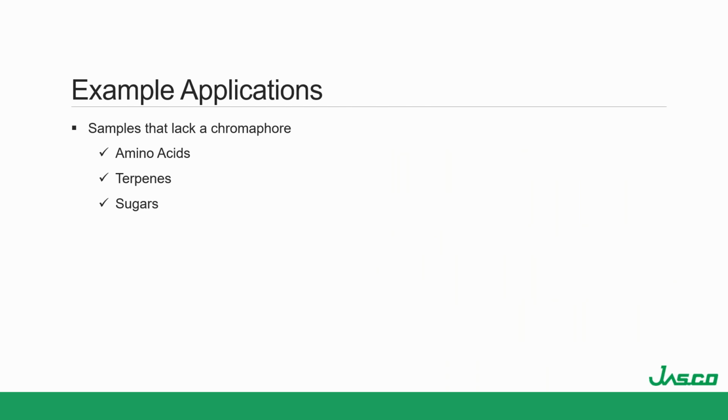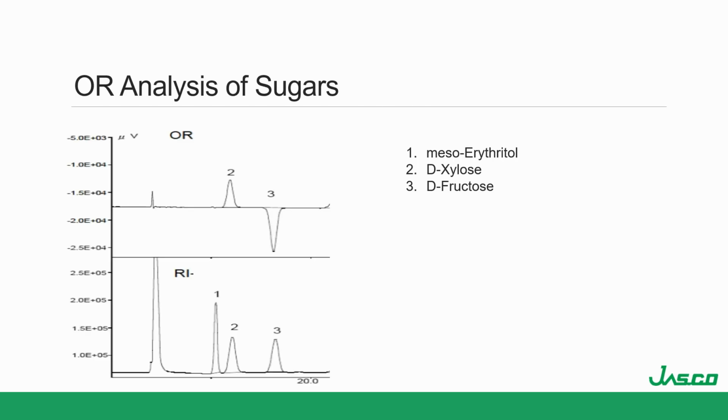So some example applications. I will say that this is not the most commonly used detector, but if you do have compounds that fit the bill, it works nicely. I would consider it more of a niche detector. It suits samples that lack a chromophore but contain optical rotation, such as amino acids, terpenes, and sugars.